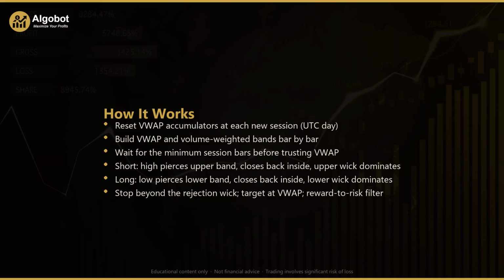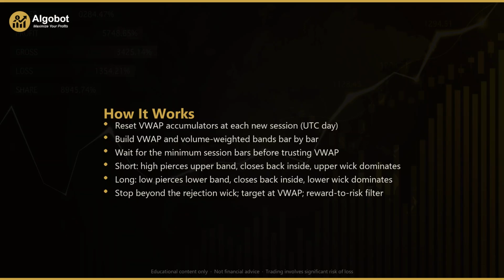It also tracks the sum of typical price squared times volume, which lets it compute a volume-weighted standard deviation around the VWAP. From that standard deviation, it draws two bands. The upper band sits a set number of standard deviations above VWAP, the lower band the same distance below, controlled by the band multiplier input. These bands expand and contract as the session's dispersion changes.